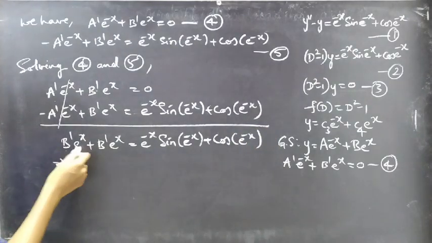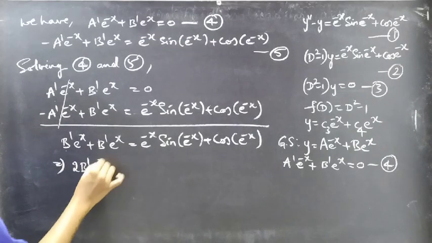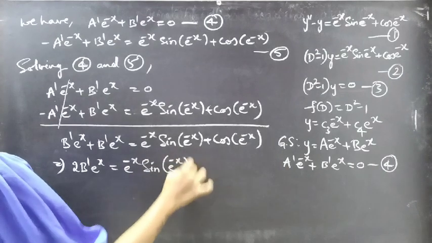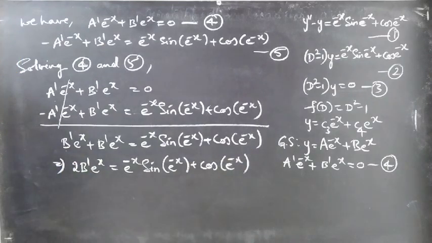This gives us b dash e power x plus b dash e power x is 2b dash e power x equal to the RHS part, right.